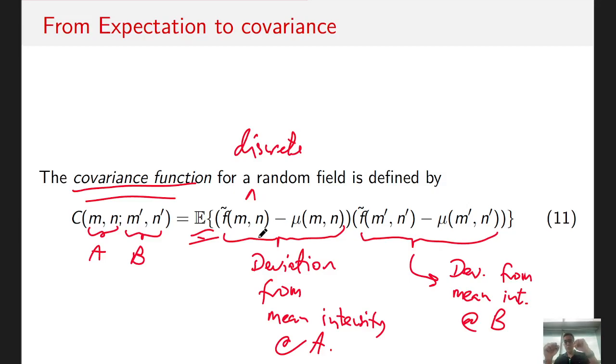If the intensity at pixel A is higher than the average value, and in that pair of pixels the intensity at location B is also higher than its average, then those two deviations, when multiplied together, give you a large positive result.